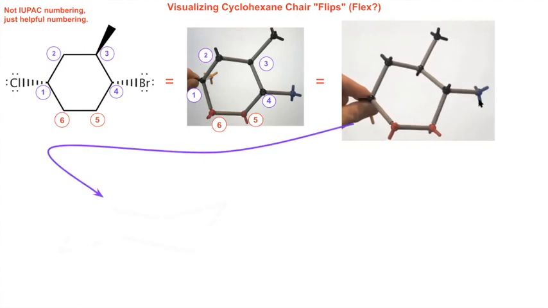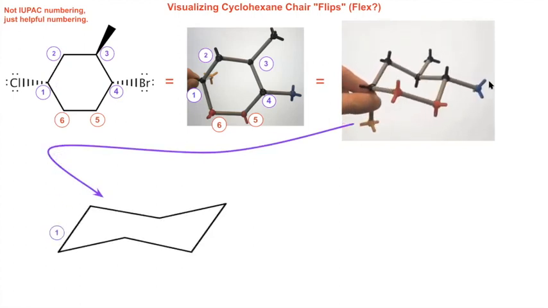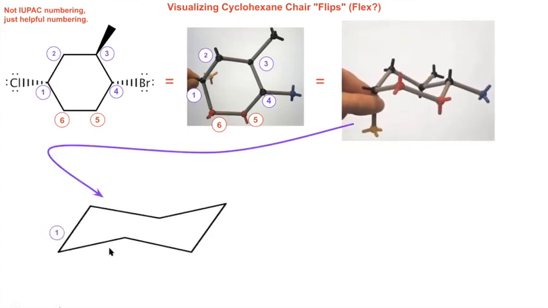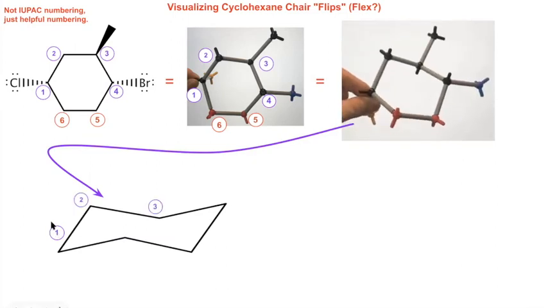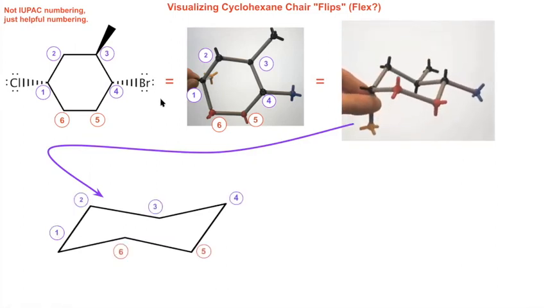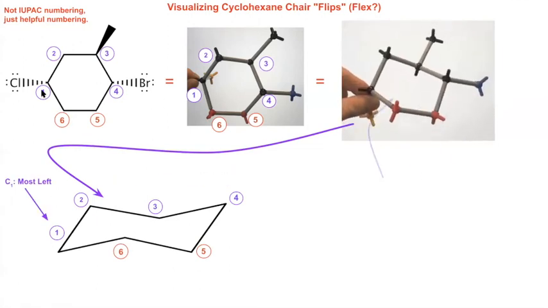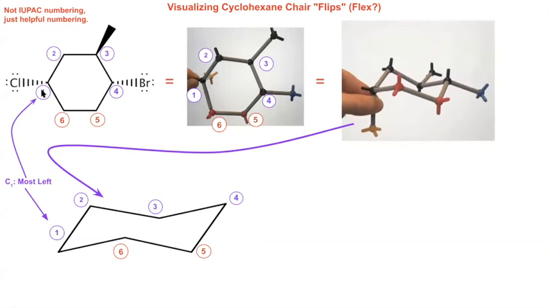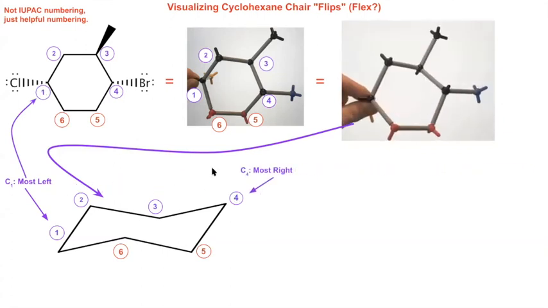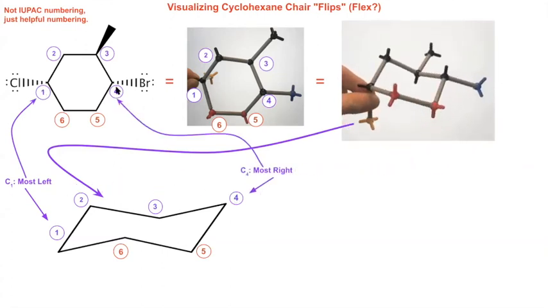Okay, so some key things to focus on. Here I'm drawing the chair conformation. I'm going to number my carbons around the ring the same way as I did here. And I'm going to remember that this was the leftmost carbon because it was the leftmost carbon up there, and this is the rightmost carbon because it was the rightmost carbon there.